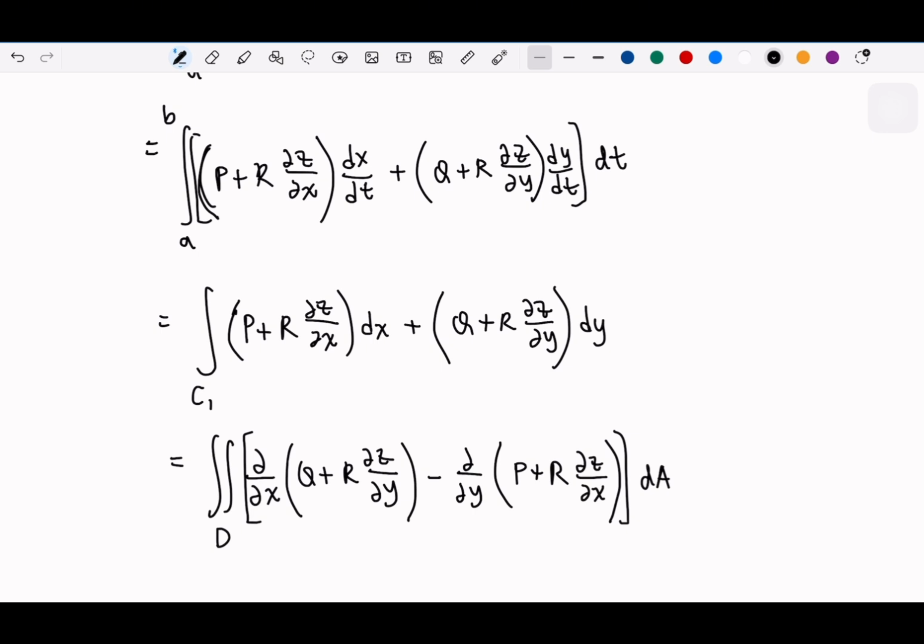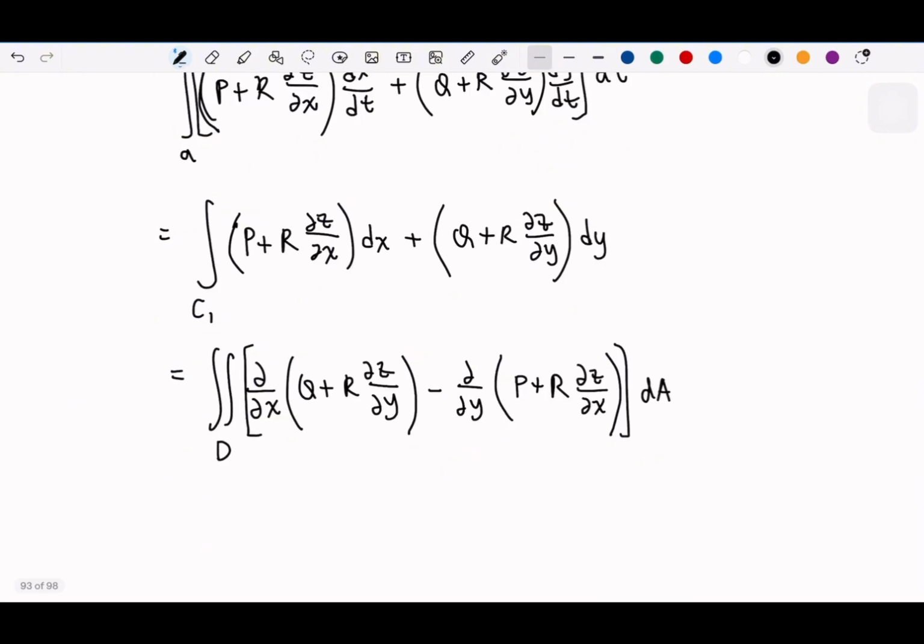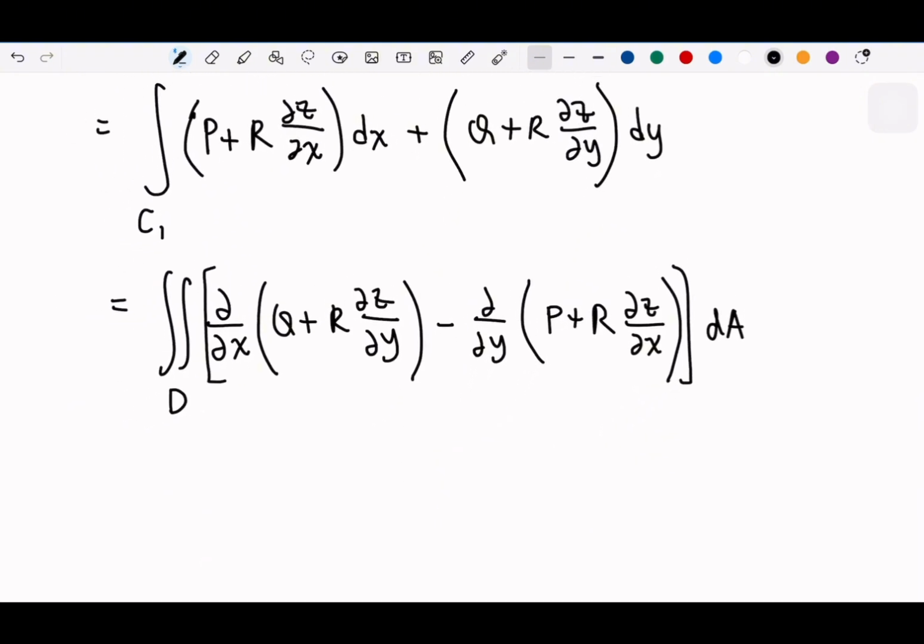And then we finish off this partial. So we are going to partially differentiate Q plus R dou z dou y with respect to x, and partially differentiate with respect to y for P plus R dou z dou x.